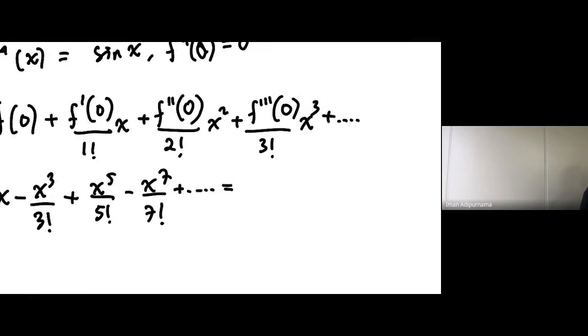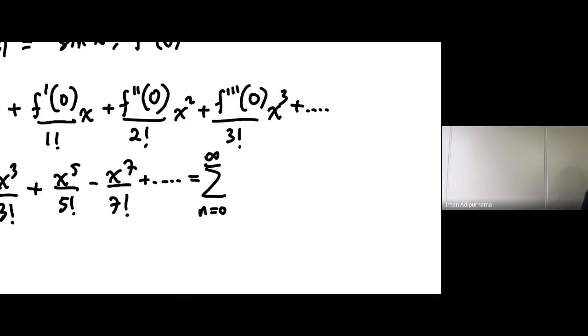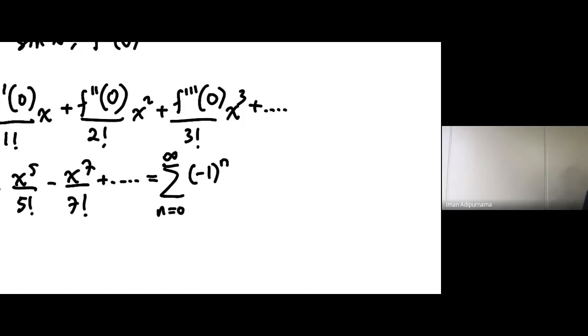We can look at this, and we can arrange our sum or our formula. The bottom part is (2n plus 1) factorial, because it's an odd number factorial.